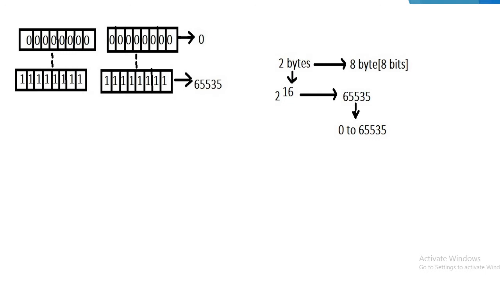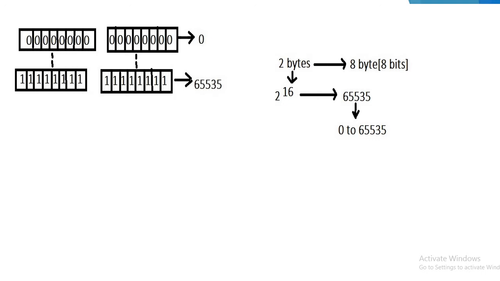Its value is 65535, meaning an unsigned integer value starts from 0 and ends at 65535, and we can give any value in between. Whenever we use the short integer, we can give values from 0 to 65535.